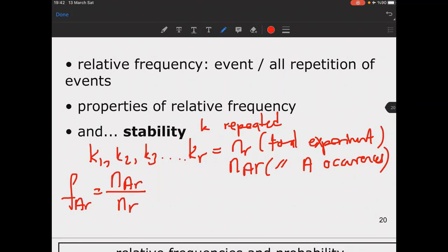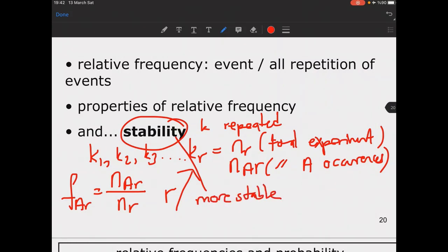So here, if you increase R, your relative frequency becomes more stable. If you hypothetically go to infinity, you will have an infinite number of experiments, and you will have the ideal or more expected outcome.